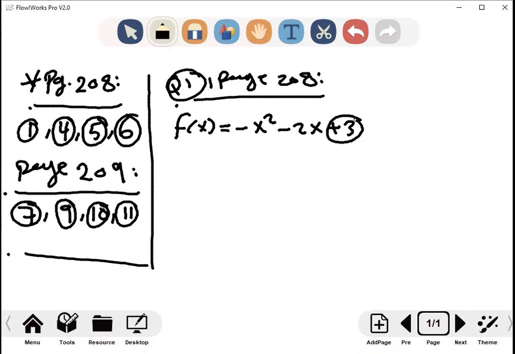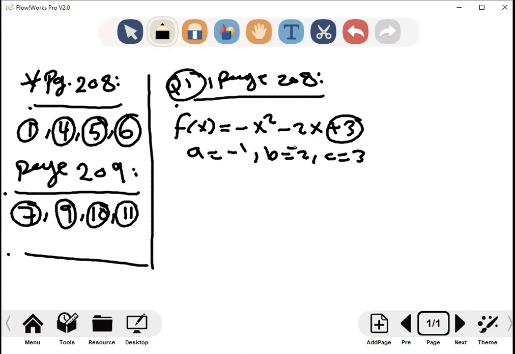Both A and B have y-intercept 3. So how will we know which one? Let's find the vertex. Now we have two choices, A or B, and both have y-intercept 3.